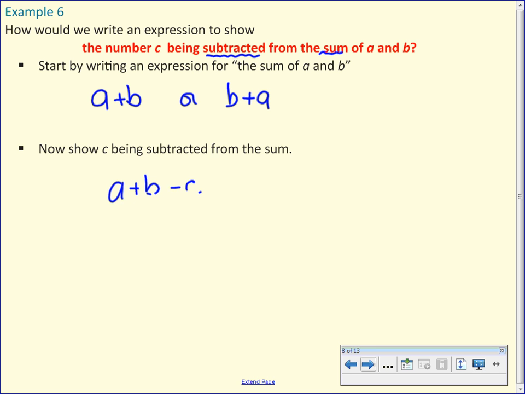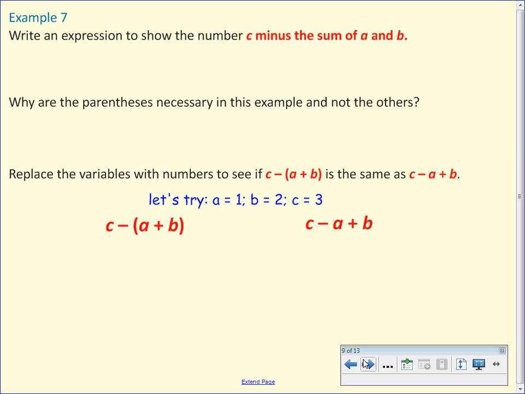But now let's look at it a little differently. Number 7, the expression is c minus the sum of a and b. So which is going to come first now? The c, because it's c minus a and b. But wait a minute, if I left it like that, what would I be taking away from the c?